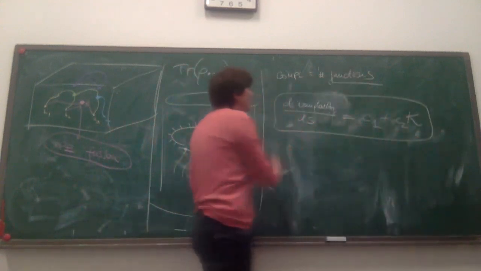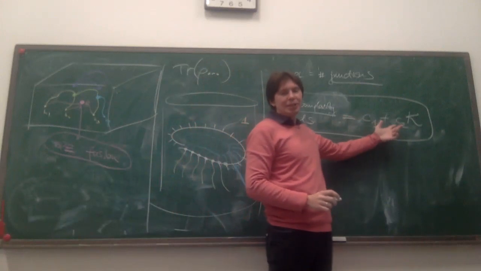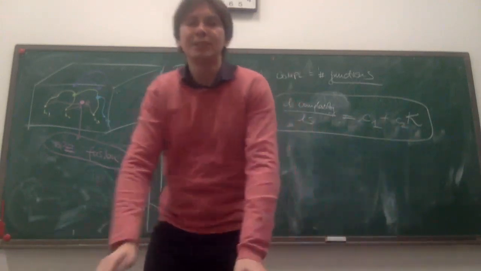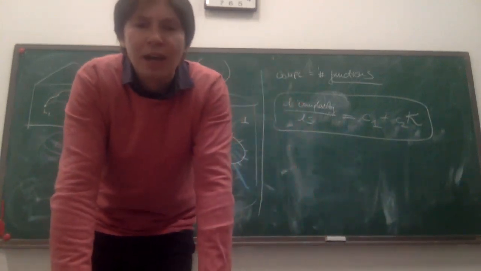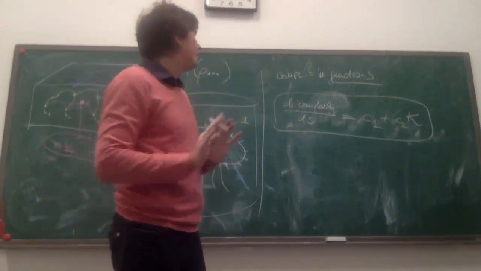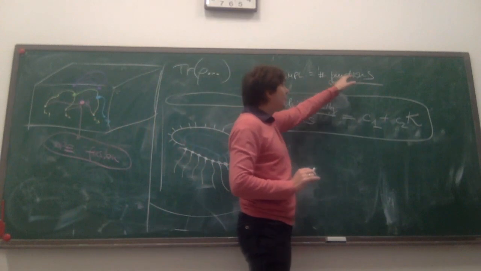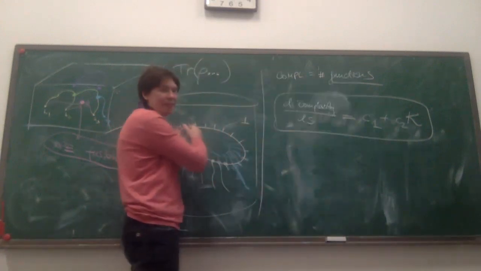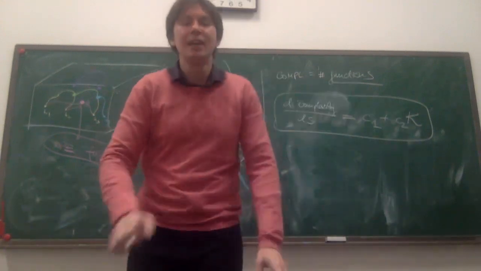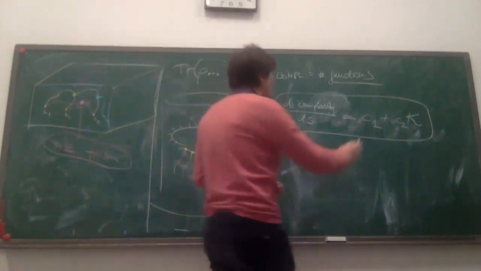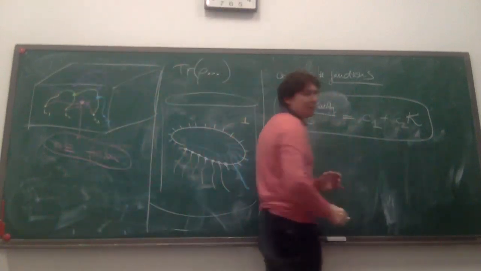So these are the only options which are consistent with the isometries of AdS. So if there is a meaningful notion of quantifying how many junctions I can have here, so what the complexity is, that notion boils down to just choosing these two numbers, C1 and C2.